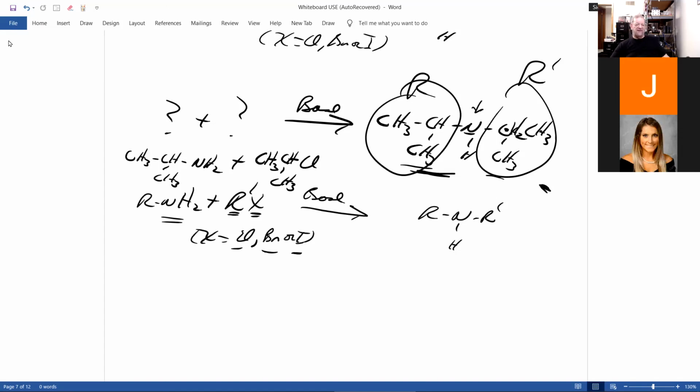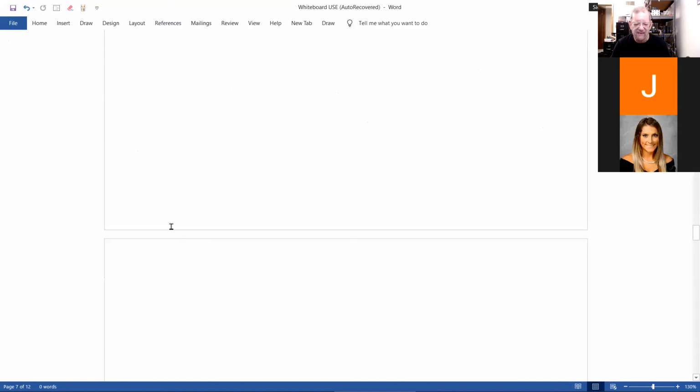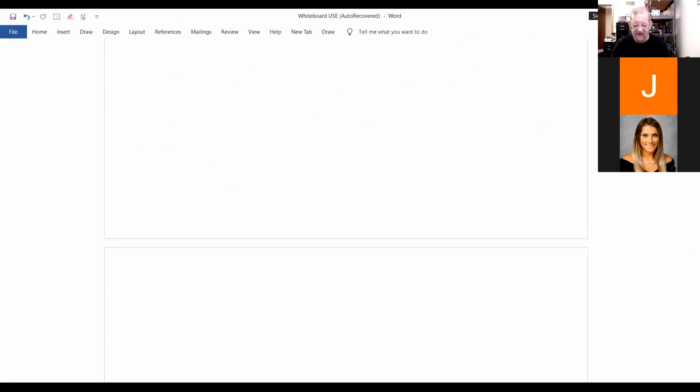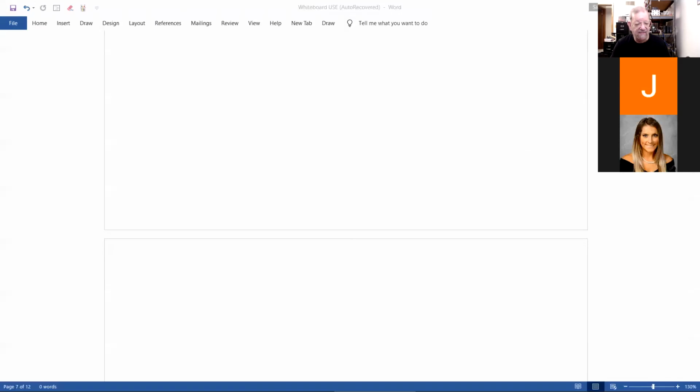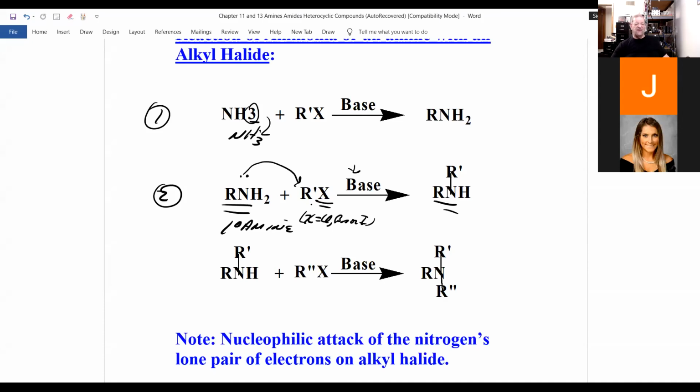Now remember, non-bonding electrons attack from nitrogen, the carbon with the halogen, kick it out, and form a new carbon-nitrogen bond, which isn't as rare as a carbon-carbon bond. And now let's go to, on this slide, number 3.